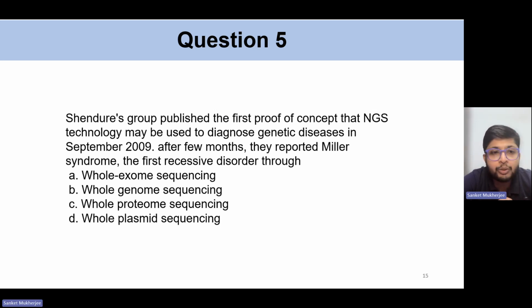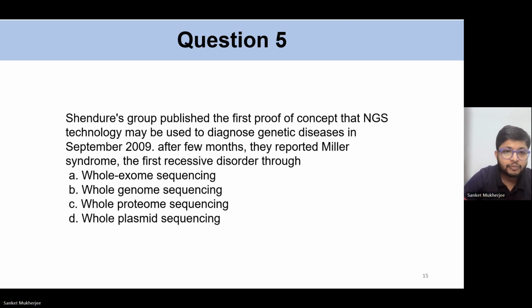Okay, so Shendure's group published the first proof of concept that next generation sequencing technology may be used to diagnose genetic diseases in September 2009. After a few months, they reported Miller syndrome, the first recessive disorder, through whole exome sequencing.